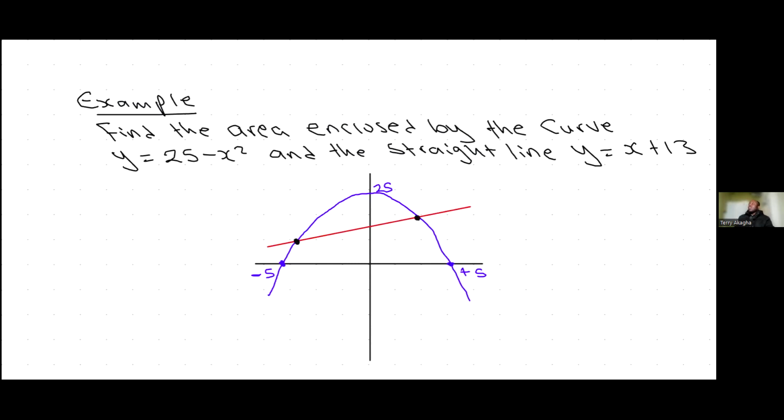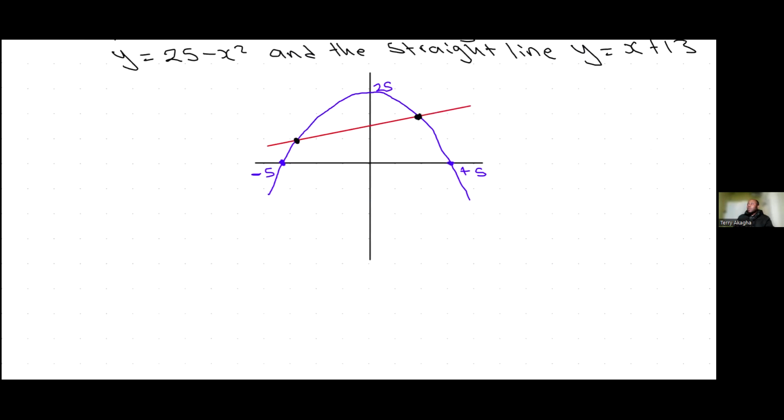Are you seeing it? So we're finding the point of intersection by equating. So step one, we're meant to equate the curve and the line at the point of intersection. Remember, we talked about this in coordinate geometry.